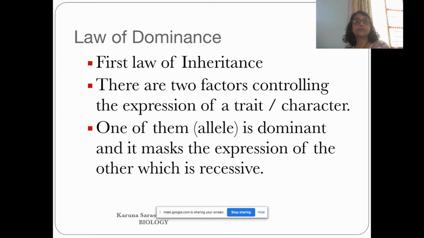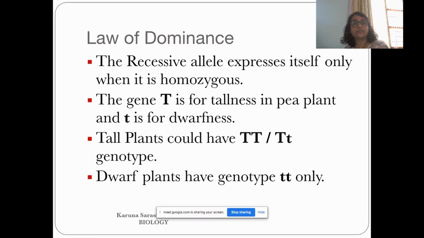They are responsible for expression of the trait or a character. One of the alleles is dominant and it masks the expression of the other, which is recessive. According to the law of dominance, the recessive allele expresses itself only when it is in a homozygous condition.